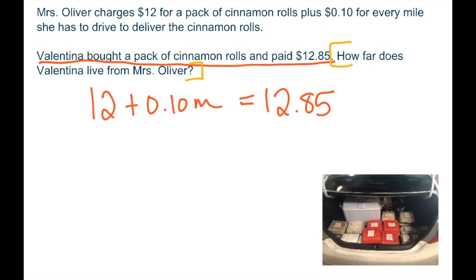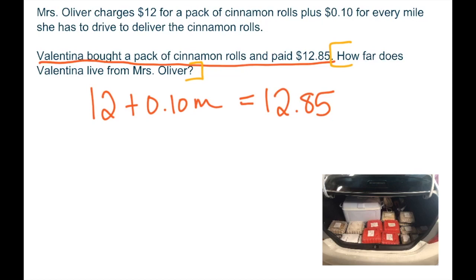Well, to do this, we have to undo this equation in order to figure out what the variable is equal to. Because our variable, m, represents the number of miles that Miss Oliver drove.